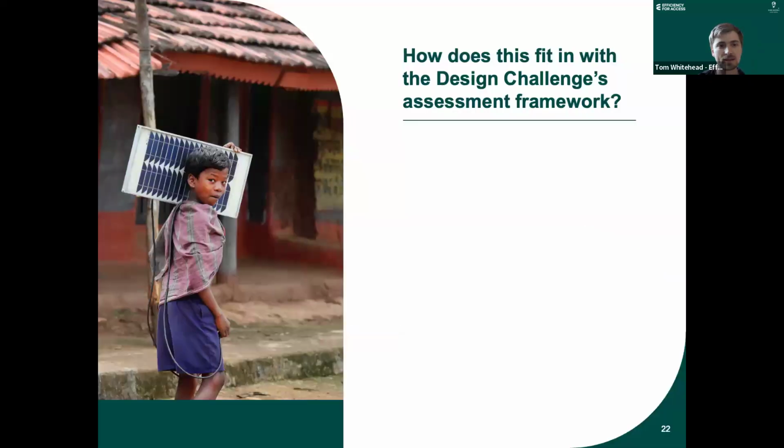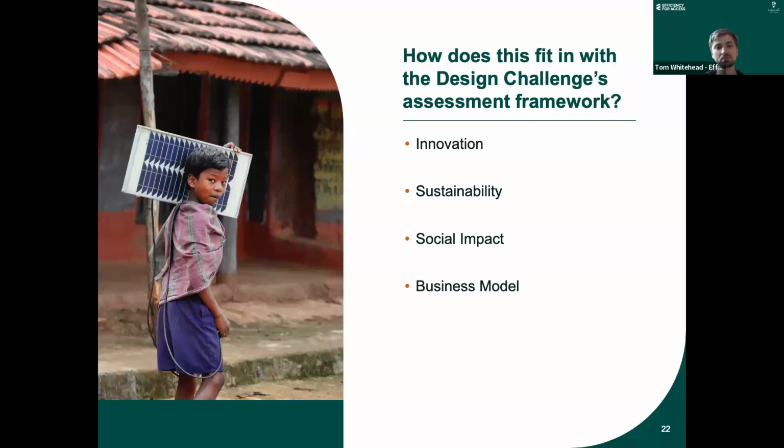So let's just really tie this back in to the assessment framework, so that you can come away from this and see these are the areas where I'll be able to bring in regenerative design, this approach. So thinking about innovation, there is a section that you will be marked on around further innovation.